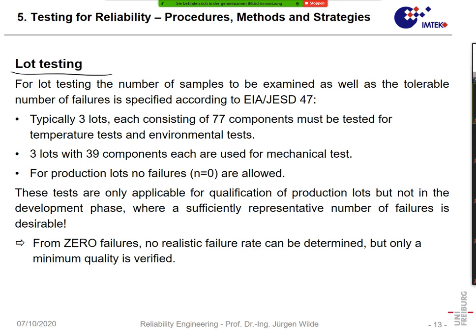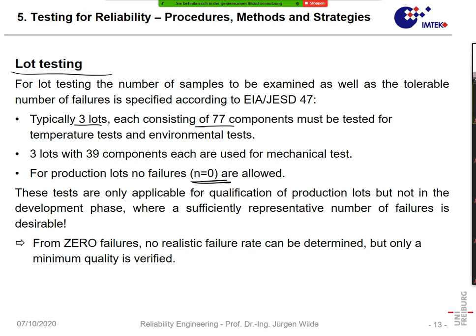In that production phase, you take from the thousands of devices you produce 3 lots, and each lot has 77 components. And now when you do the testing here, for instance, high temperature operation, then no failures are allowed. And again, that shows us clearly the test time and the test conditions are depending on which phase we are.